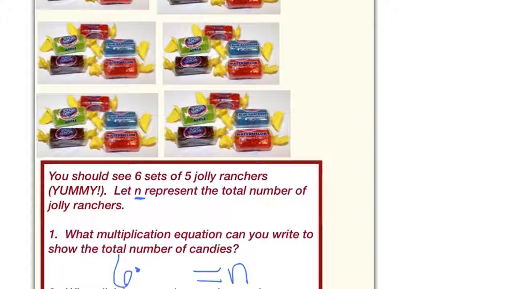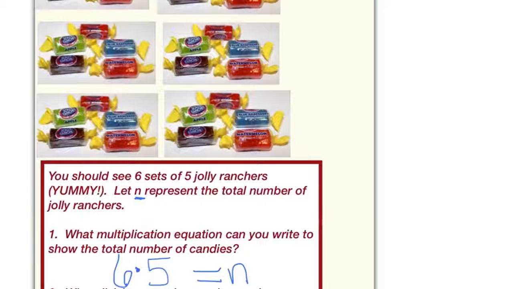Let's see what we've got here. Since there are 5 Jolly Ranchers in each group, we would write 6 times 5 equals n.